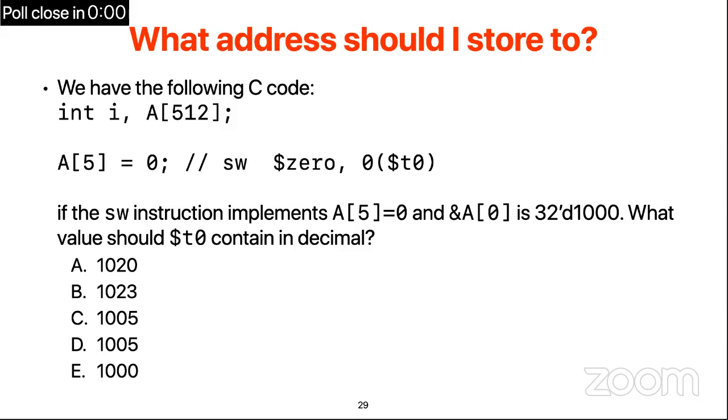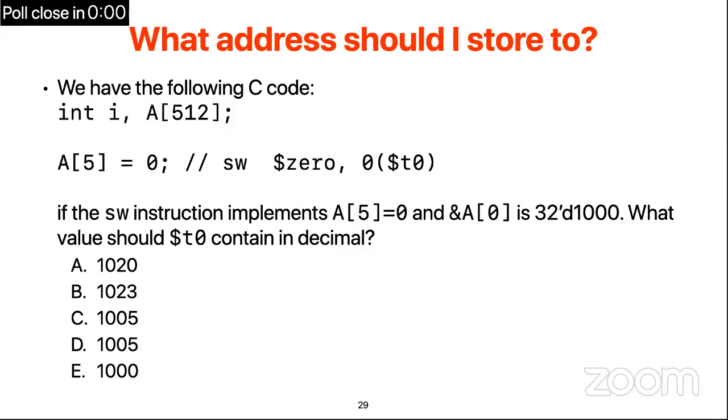And an integer is also a word. Integer is exactly the same width as a word in the MIPS instruction set architecture, and a word is 4 bytes, right? So if you are accessing the 5th element, you should be visiting the base address plus 4 times 5.